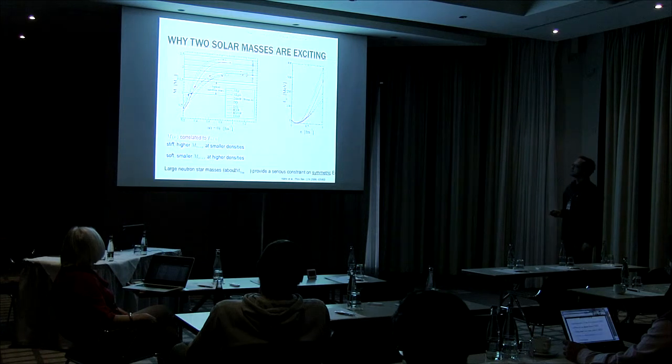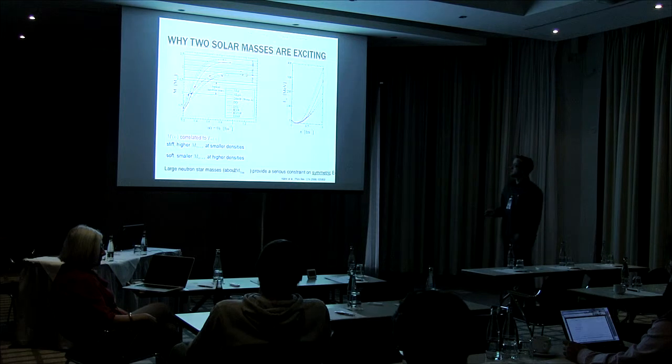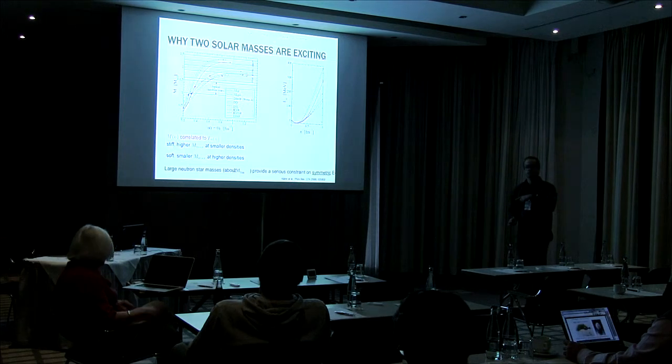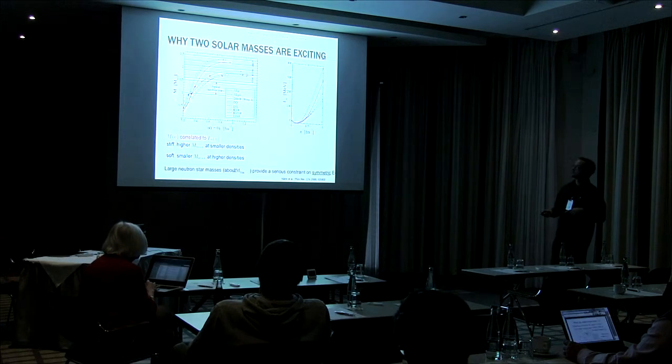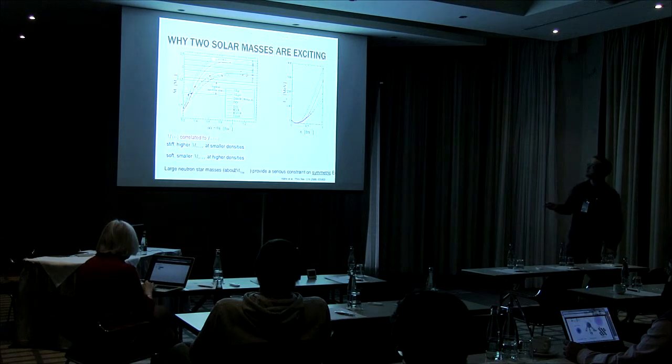Then again, why is it interesting to have a two solar mass neutron star? If you take all the equations of state I've shown on the slide before, and you plot the mass as a function of the density, and then you plot the energy per particle of the symmetric system, it has nothing to do with the neutron star yet, as a function of the density, then you will notice that this correlates.